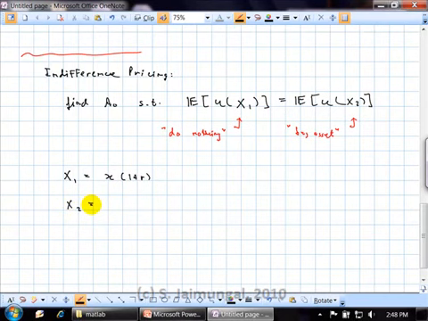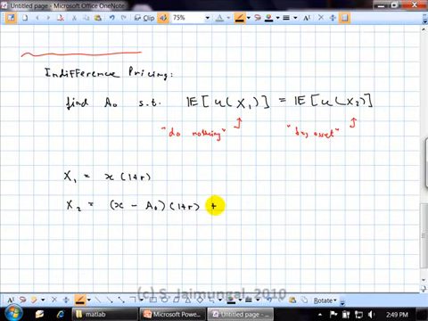Okay, what's x2? Well, first I need to buy the asset, so I purchase it for A0. This is how much money I have left in my hand. Right? I had $100, it cost $1, I have 99 in my hand. I put the $99 into the bank account, so this is going to grow at the risk-free rate.